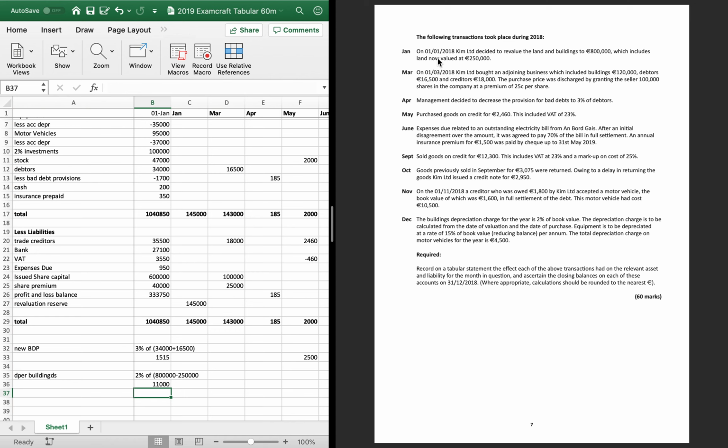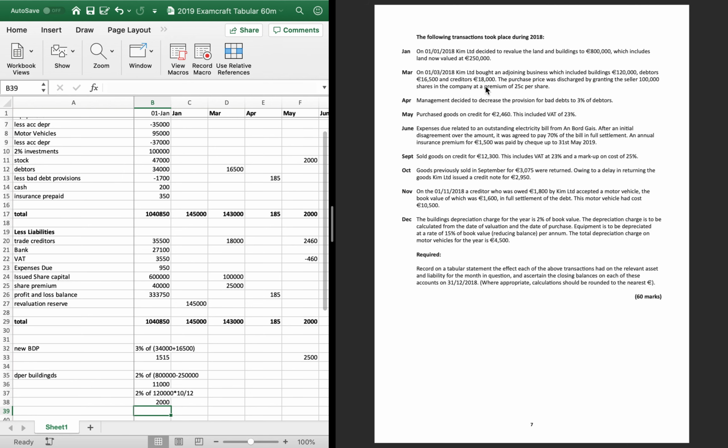Okay, the second part then, in March, we depreciated 2% of the buildings we bought in March, which is 120. If we bought them in March, we only have them for 10 months of the year if we bought them on the 1st of March. So by 10/12, it should be 2,000, let's say.